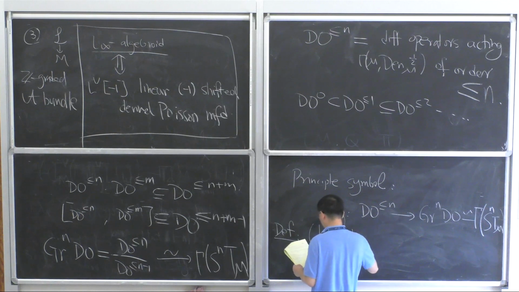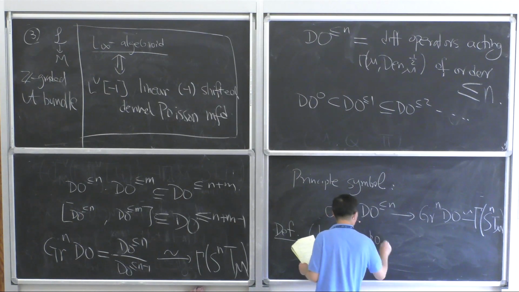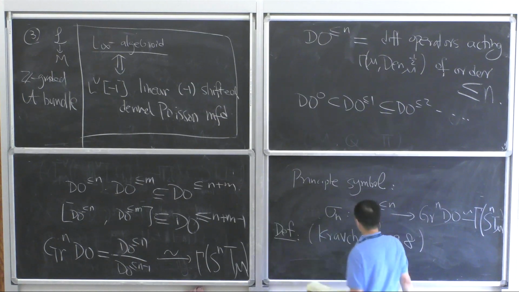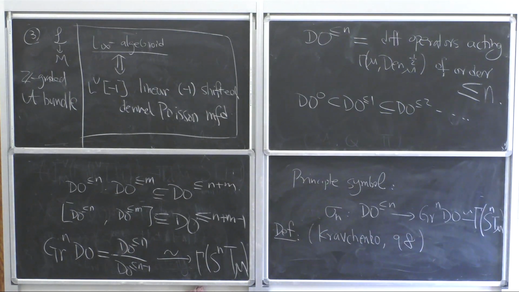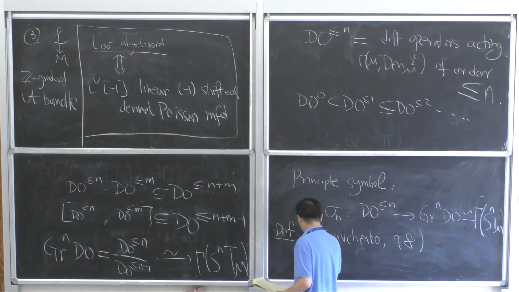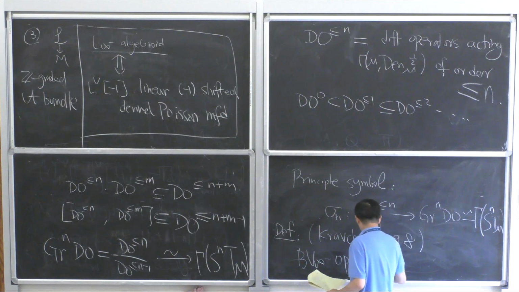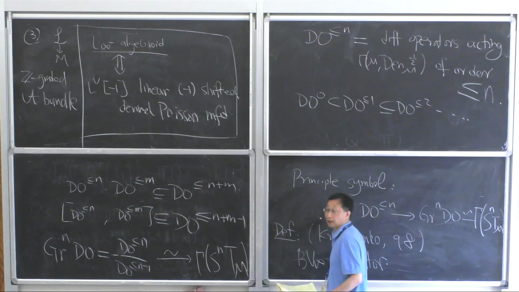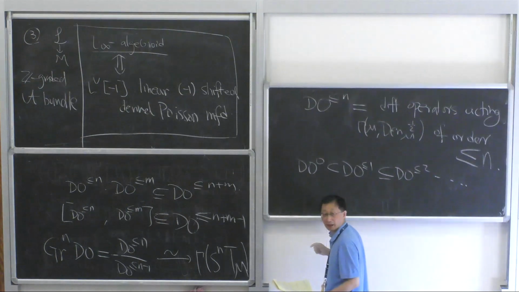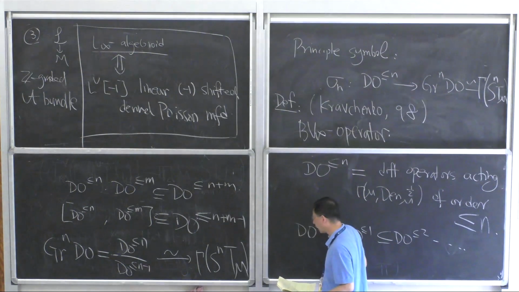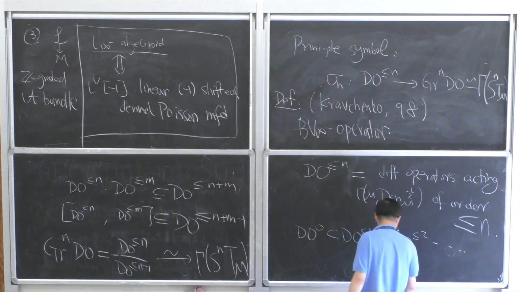I apologize if I pronounce her name wrong. She introduced the so-called BV infinity operator, in a proceeding of a Banach Center publication, published in 98. So it's exactly 25 years ago.